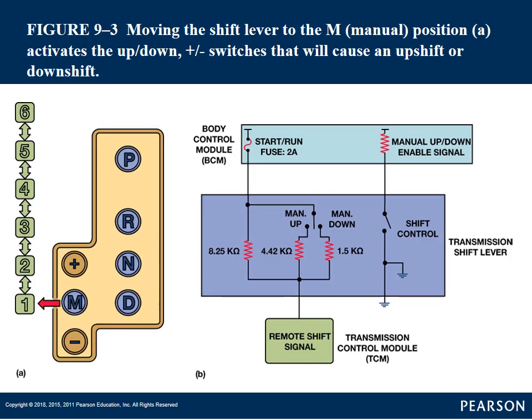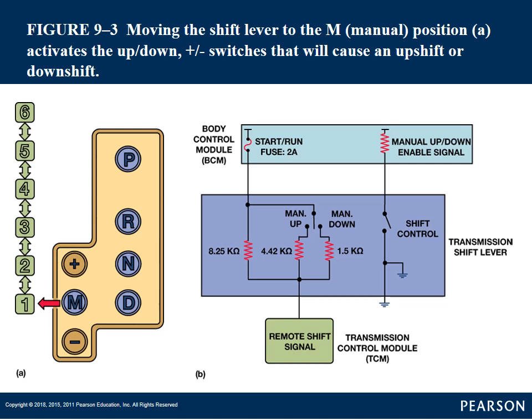Here's another example of that. If you have a vehicle with park, reverse, neutral, drive, and then you can go into manual mode where you can manually shift and downshift the transmission, that is also part of many times your manual lever position sensor or your transmission range sensor. Here they're using resistors.